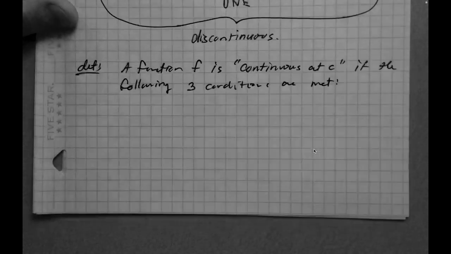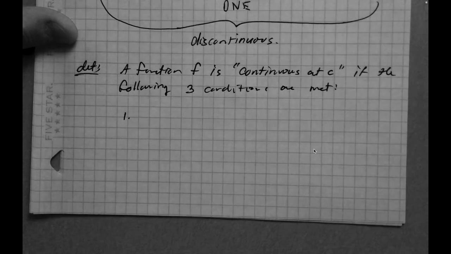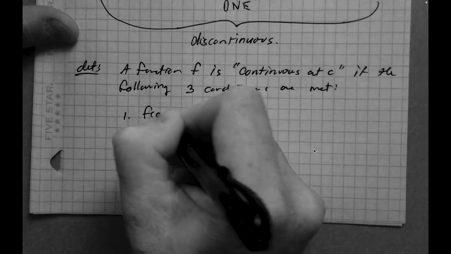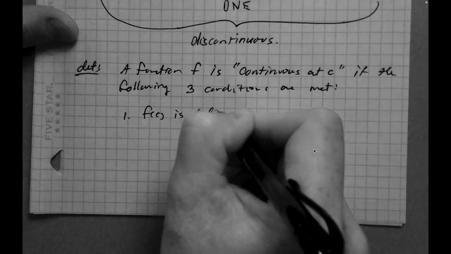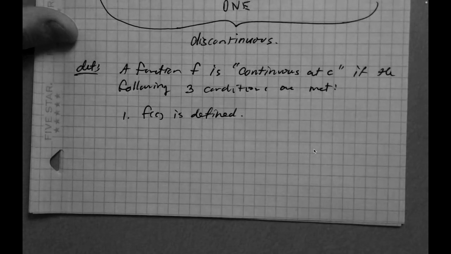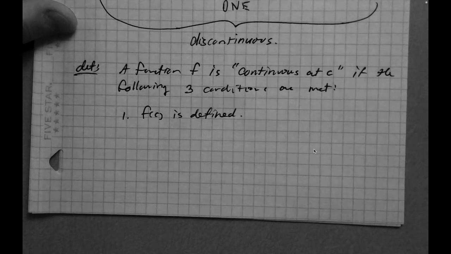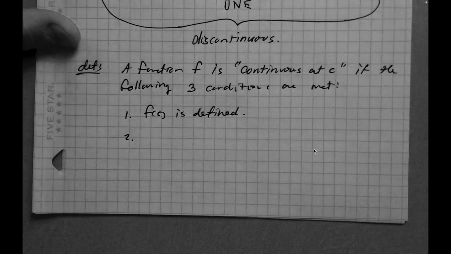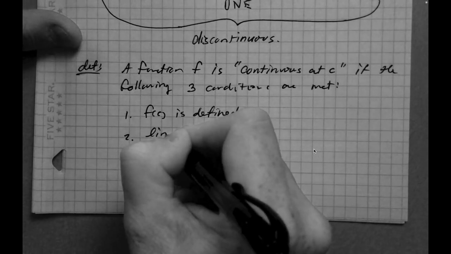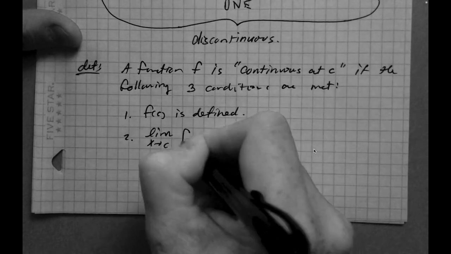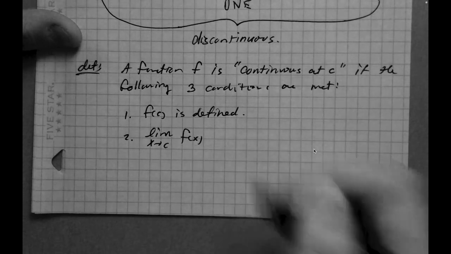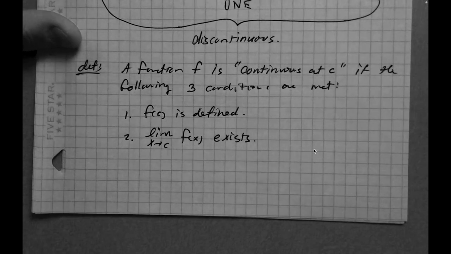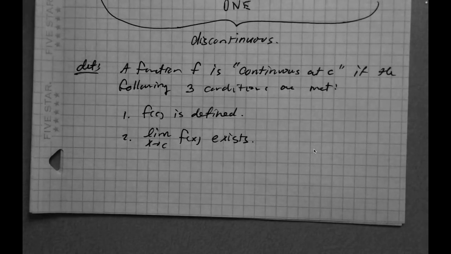The first condition is that the function has to be defined at c. The second condition is that the limit as x approaches c of f of x needs to exist. So there has to be a limit at c for the function.